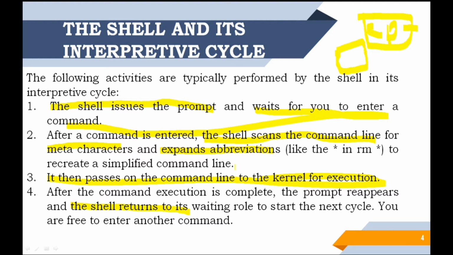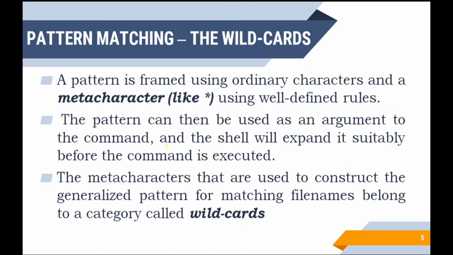Then it passes that simplified command line to the kernel for the execution. And in the fourth, after execution, once again it is going to prompt the user and wait for the user for the input. Then next is pattern matching.